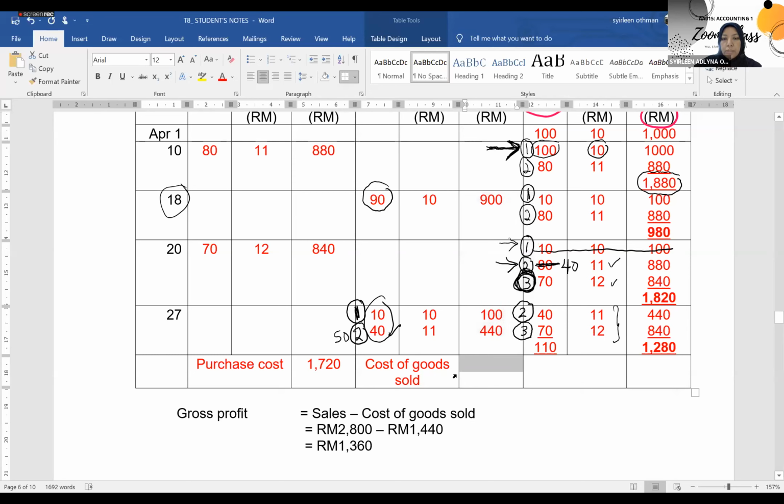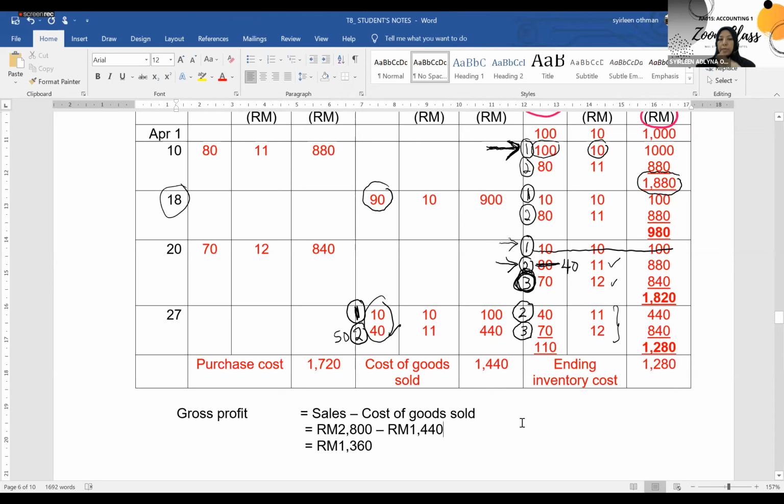So, my COGS here is 1,440. So, what is my ending inventory? Yang ni tak payah campur. Jangan pergi campur pula. Kita update everyday, so ni just tarik saja nilai terakhir ni bawa ke bawah. So your ending inventory cost is the latest value, the last value from your calculations previously done. So your ending inventory cost is 1,280.